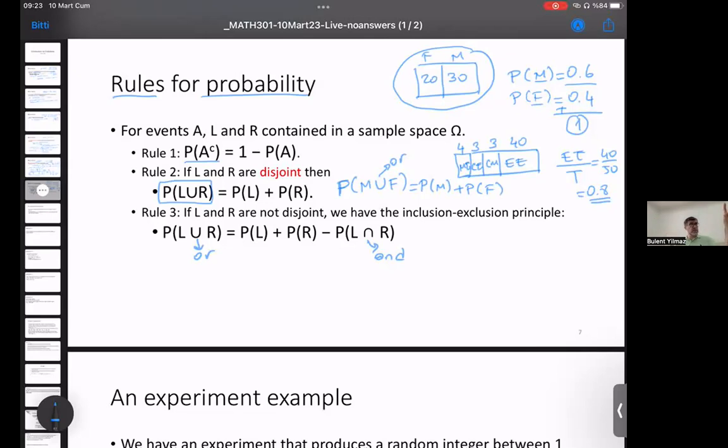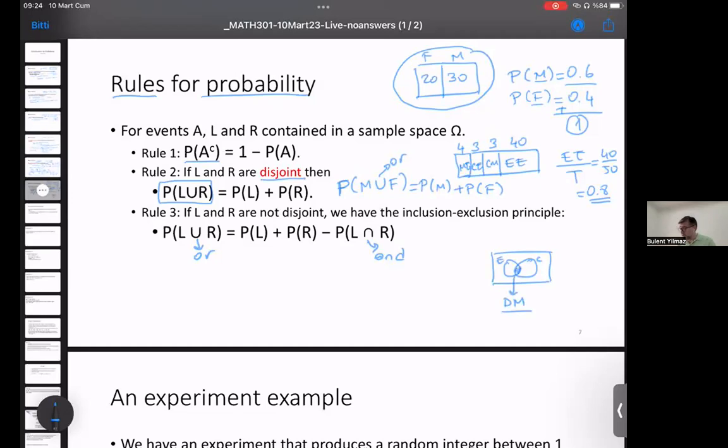Or means this can be in the class, and this can also be in the class. But that's the case if they are disjoint. Female and male are disjoint groups, or electrical engineering students and computer engineering students. Let's say we have 2 groups, electrical and computer engineering students, but some students may have a double major, right? This is electrical engineering, this is computer engineering, and there will be some double major students.